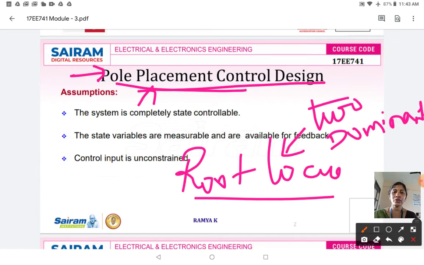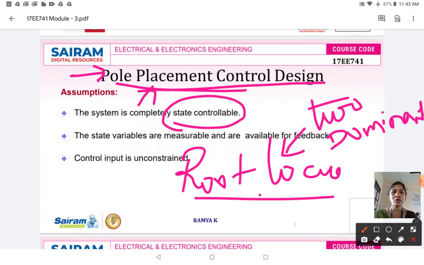First, you need to check whether the system is completely state controllable or not, and we need to identify the state feedback gain, and the state feedback gain output only will drive the entire system. And this pole placement design is similar to your root locus approach.